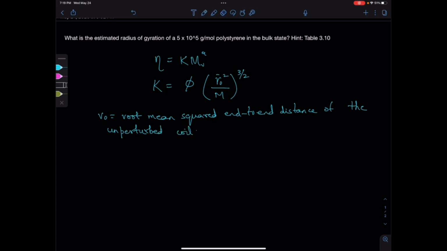Rg, the radius of gyration, is related to the distance between ends of the chain for random coils as Rg squared equals r squared over 6, where r is equal to the distance between ends of chain for random coils.